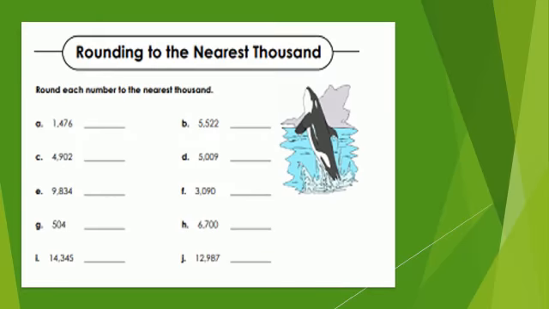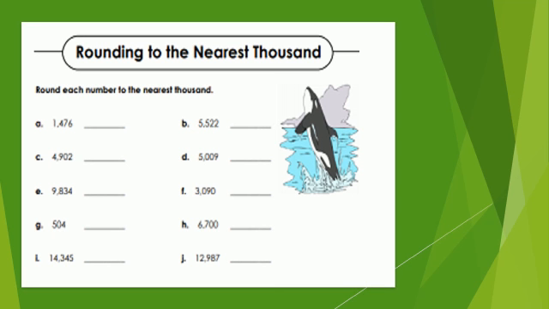Here a few questions are also there on rounding to the nearest thousand. First one is 1476. If we are doing the nearest thousand, then what places do we have to see? We have to see the hundreds, tens and ones place. Here the number is 1476.